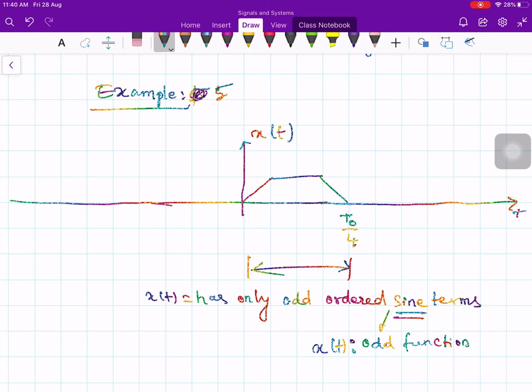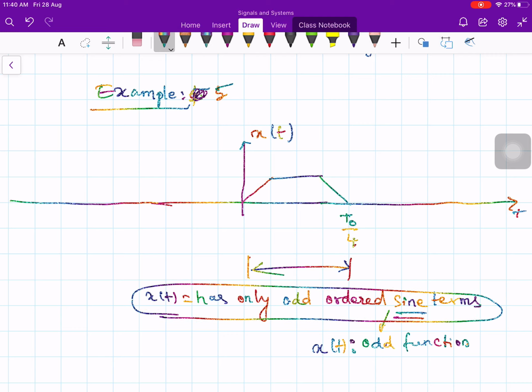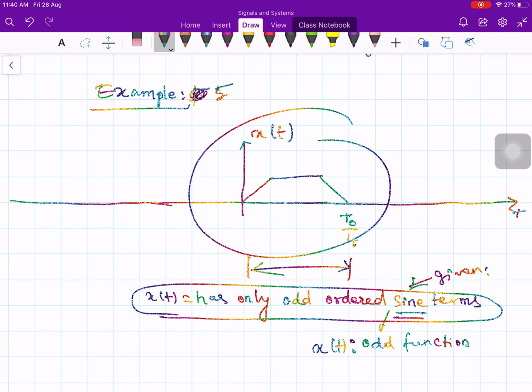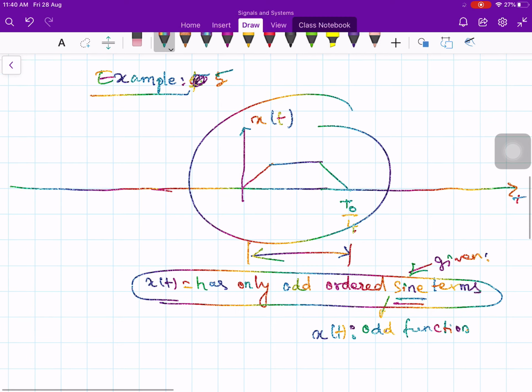So the waveform for the entire cycle is not given. Only partial specifications are given, but the condition is that X of t has only odd terms. If X of t has only sine terms, as I said, it is an odd function.